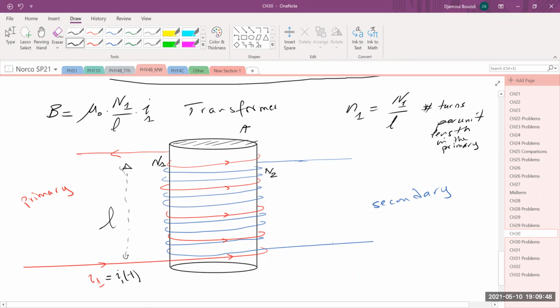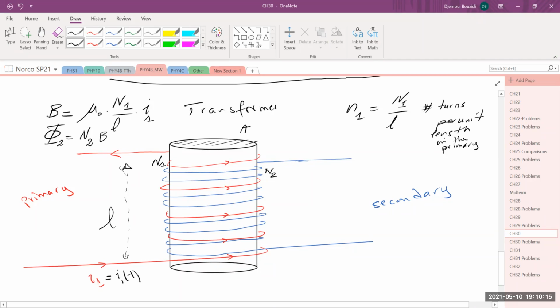You don't see anything in here in the secondary. But if I1 changes with time, the flux of the magnetic field, phi, in the secondary, is going to be the number of turns in the secondary times this magnetic field times the cross section, because this magnetic field is throughout the entire geometry in here.